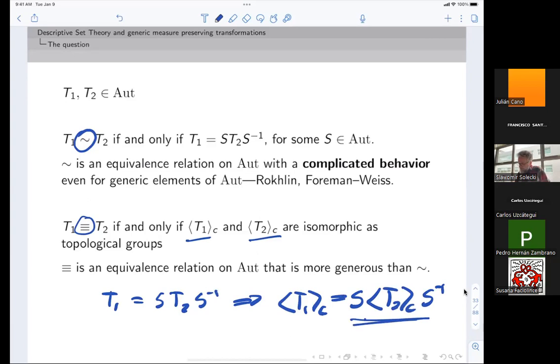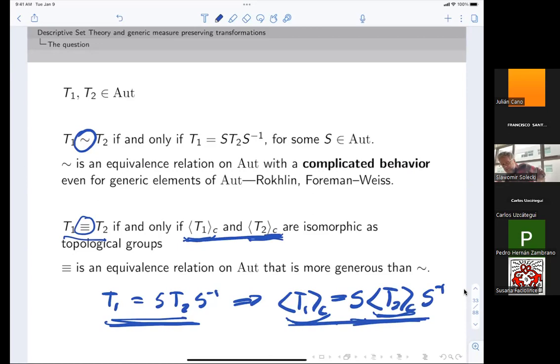And this conjugation gives an isomorphism between these two groups. So this implies that there is a very concrete isomorphism. I'm even much more generous. I'm saying I identify these two elements if these two groups are isomorphic, maybe by an abstract isomorphism, of course continuous, as topological groups, right?